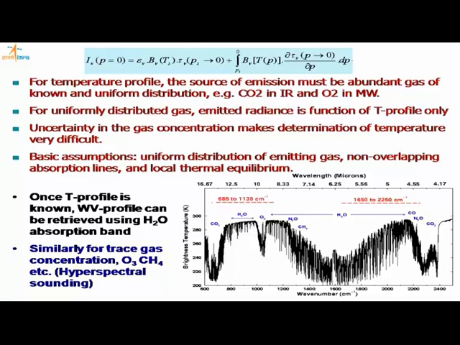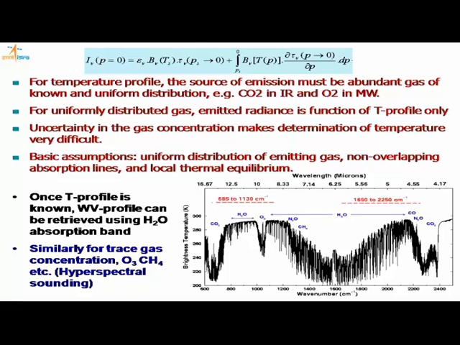But the basic assumptions in sounding are a uniform distribution of the emitting gas, non-overlapping absorption lines, and an atmosphere in local thermal equilibrium. But the inverse problem is not very simple. In the previous slide, I showed you that we can have 100, 200, or 1000 equations with unknown temperature or unknown transmittance profile.